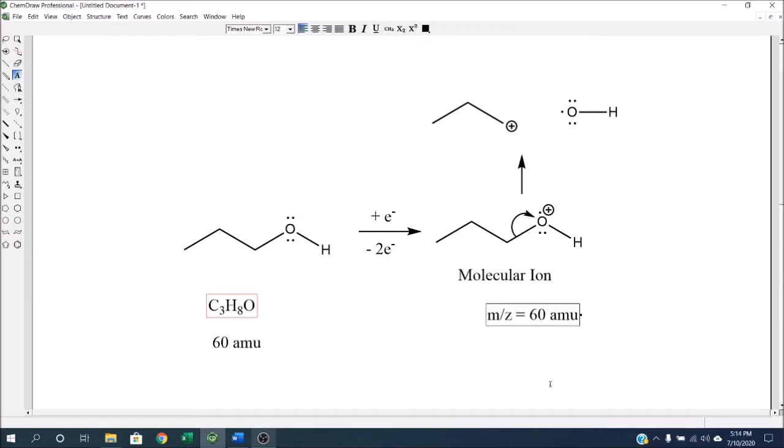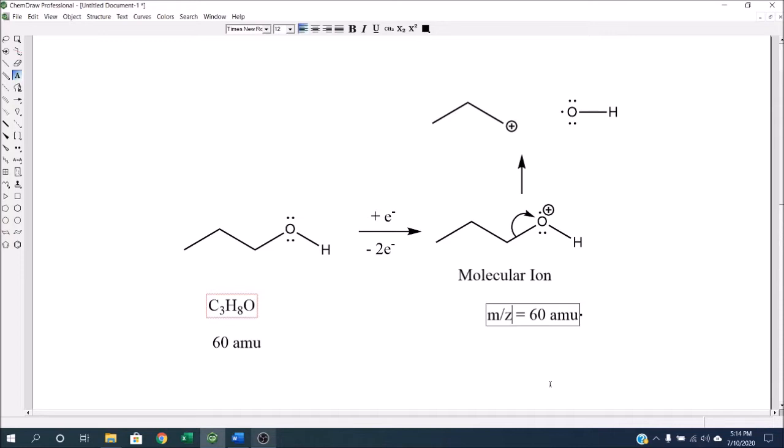So you're going to see this term M over Z. And because we're only going to look at examples that produce a net positive 1 charge, that means that Z, the charge, will always be positive 1. And if you divide anything by positive 1, it doesn't change the value. So to us, M over Z is just simply the resulting molar mass.